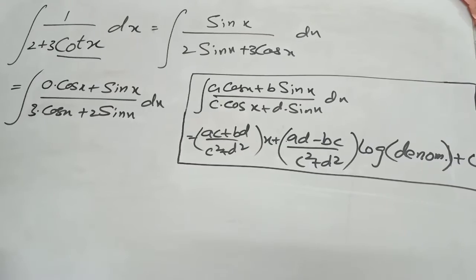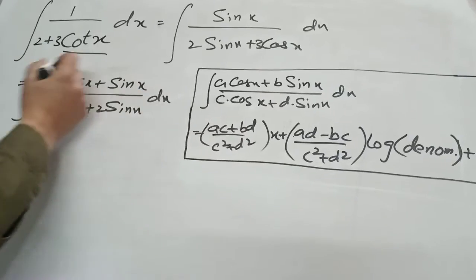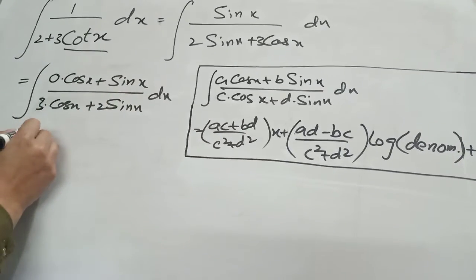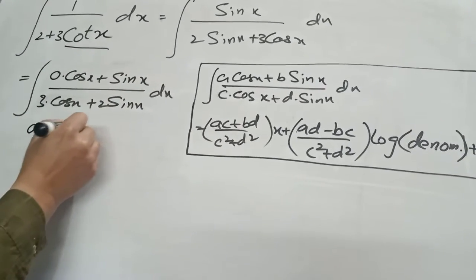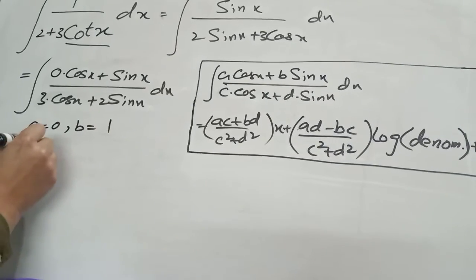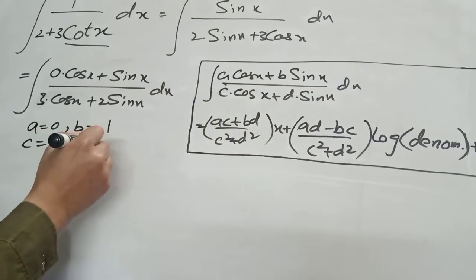Now after simplification, we have this integral in which a equals 0, b equals 1, c equals 3, and d equals 2.